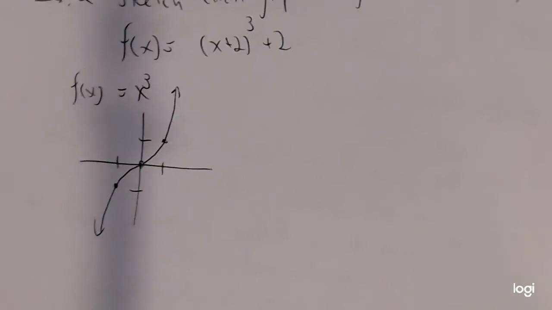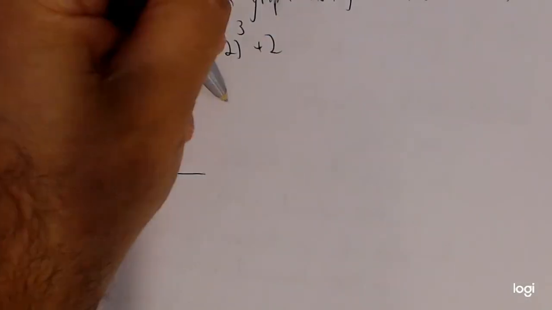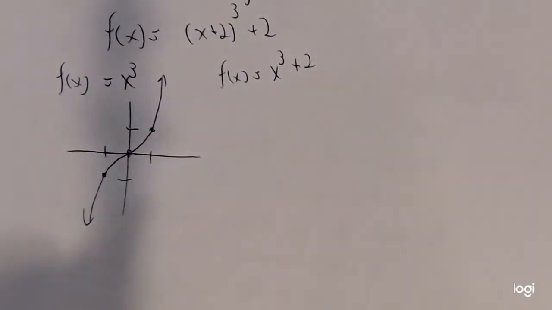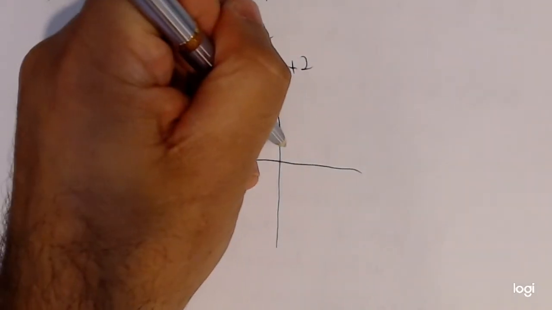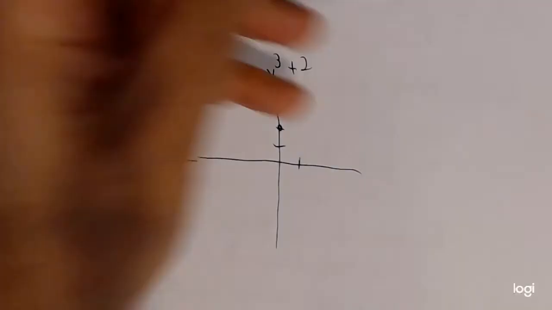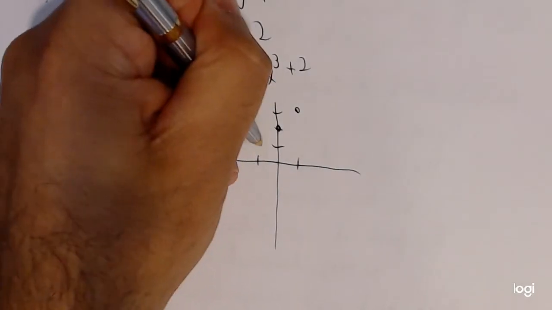So now I'm going to choose to move this up 2 units first. So this would be f of x equals x cubed plus 2. This is saying just grab all the y values, or all the points, and move them up 2 units. So instead of (0, 0), it'll be (0, 2). Instead of (1, 1), it'll be (1, 3). Instead of (-1, -1), it'll be (-1, 1).